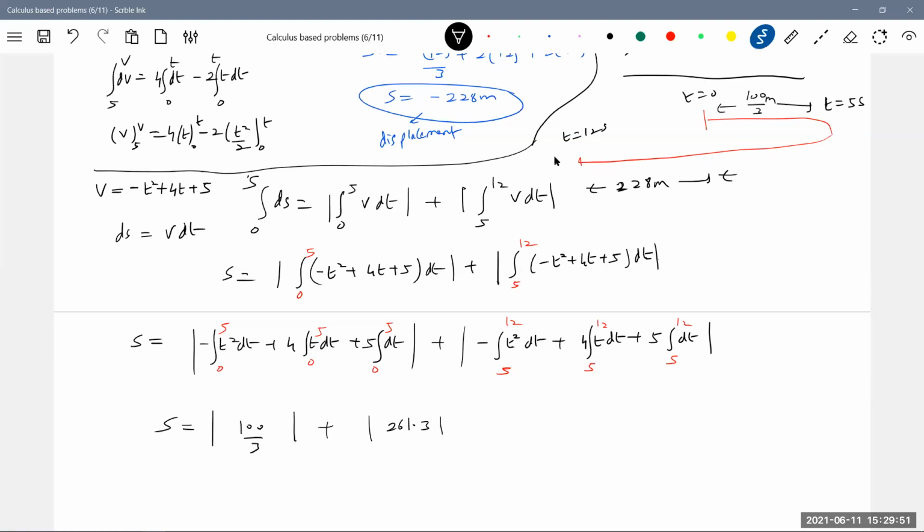Why calculations, some maths I'm giving you, nobody is doing properly. Sir, the whole answer is 261.3, sir. Then what is the mod value? This one, 228, sir, the mod value.